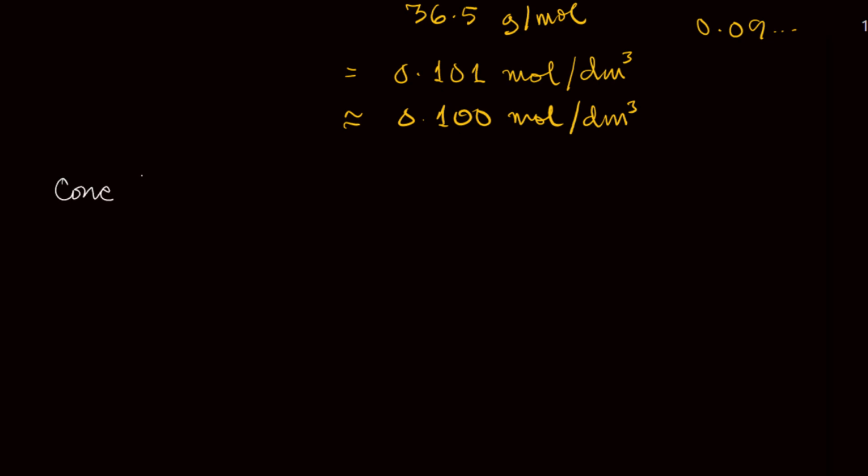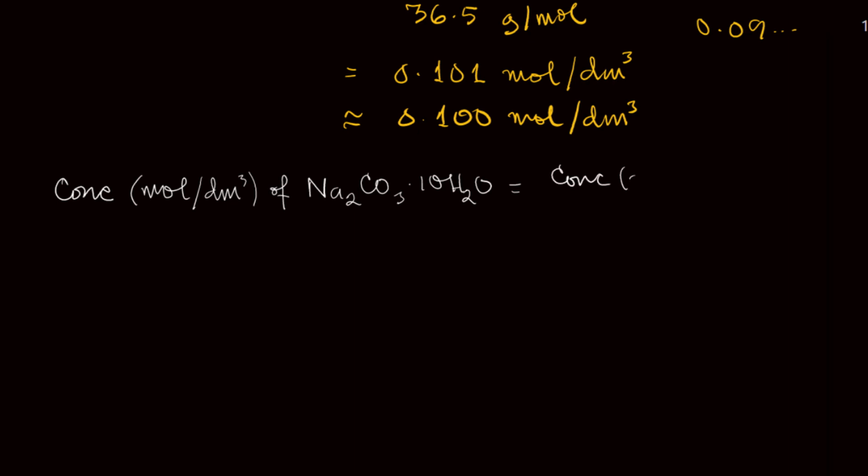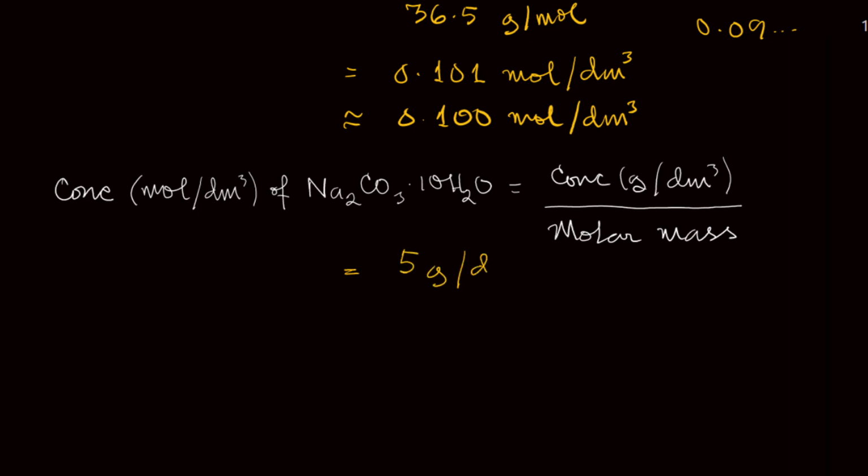So given this now, the next thing we are going to do is to calculate the concentration in moles per dm cube of the hydrated salt, which is concentration in grams per dm cube over its molar mass. Its concentration in grams per dm cube as given in the instruction is 5 grams in 1 dm cube, and the molar mass that we've calculated is 286 grams per mole.